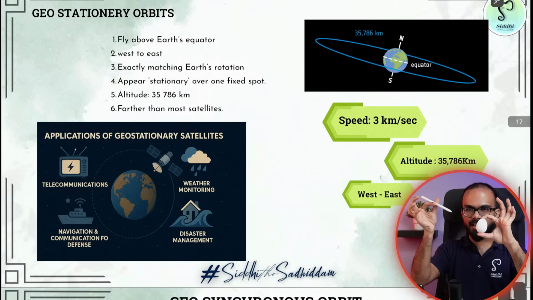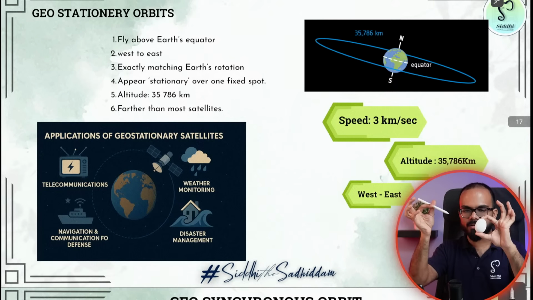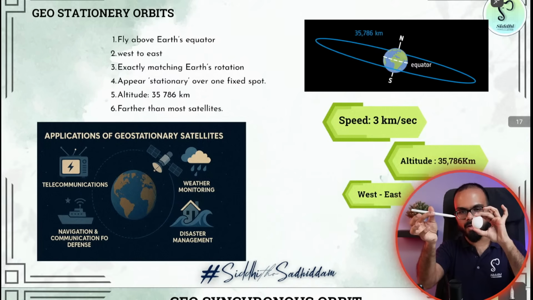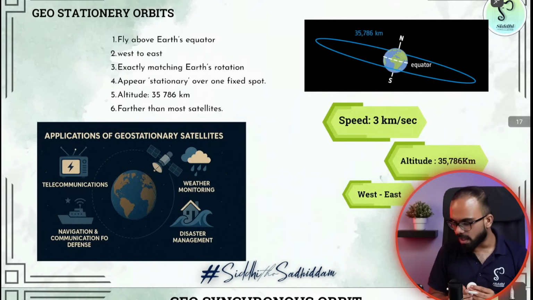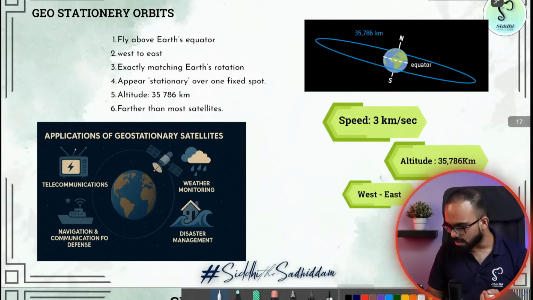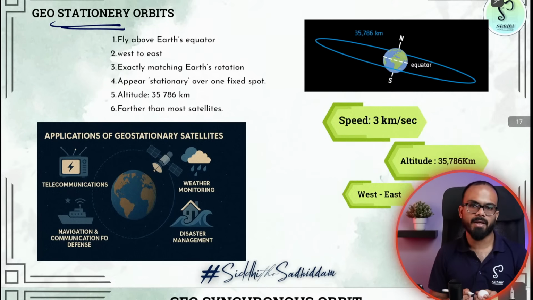My satellite remains here, and I can have 24 by 7 observation. If the Earth is rotating, my satellite also rotates exactly. Such an orbit is called a geostationary orbit.